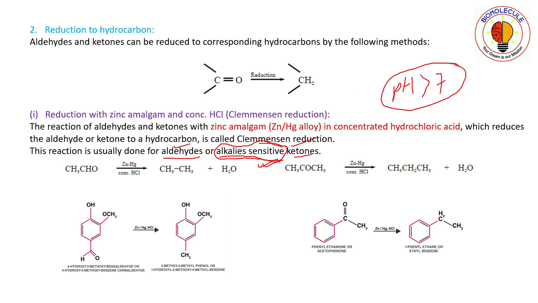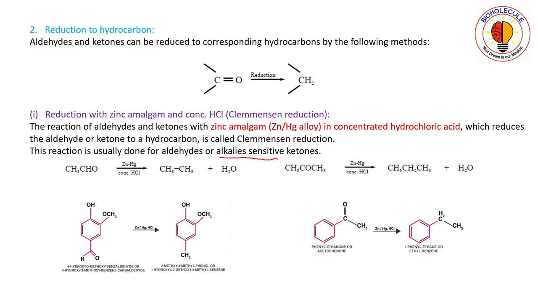And if that group gets converted to a different group in acidic medium, then it is acid sensitive. So I hope you are clear with the concept, that is what is alkali sensitive and what is acid sensitive. If the group is destroyed in alkali medium, then it is known as alkali sensitive.